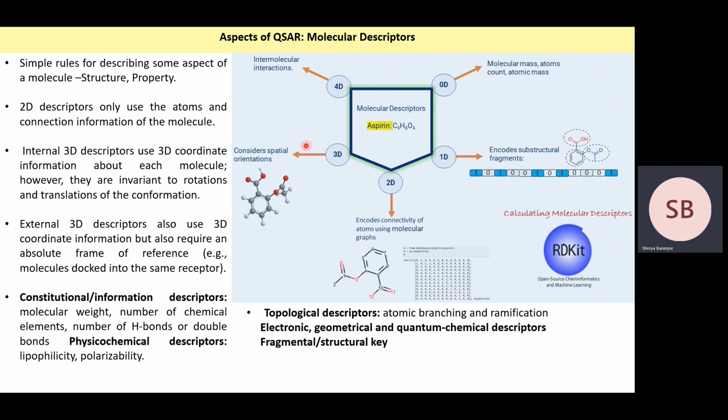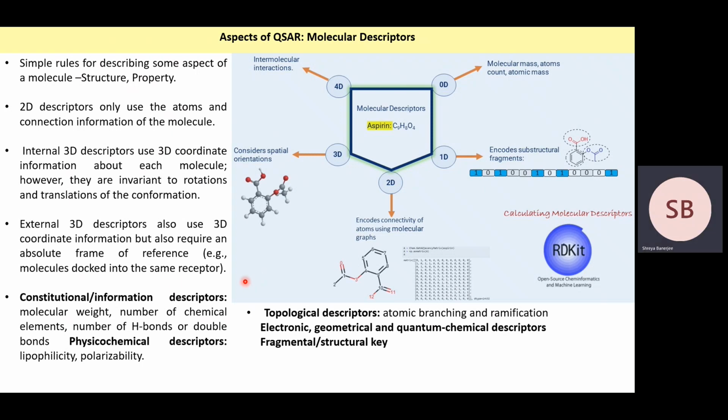So 3D descriptors can be of two types. Internal 3D descriptors will have the XYZ coordinates of each molecule, but will consider the molecule as a whole. That is, the internal 3D descriptors are not affected by rotation or translation of the molecule.